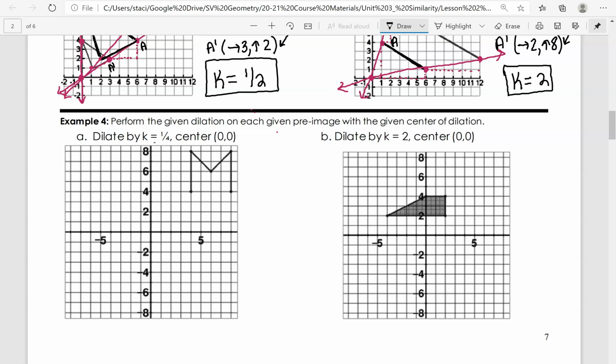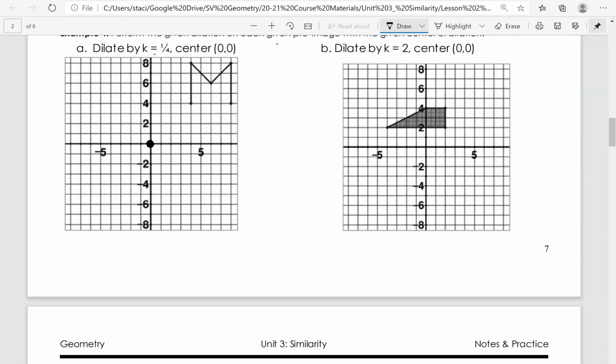So I'm going to mark my center of dilation in black, and I'm going to label my points A, B, C, D, and E. And so what I'm going to do is write down how I went from the center of dilation to A. To go from the center of dilation to A, I had to go over 8 and up 4. So I'm recording my horizontal and vertical distances.